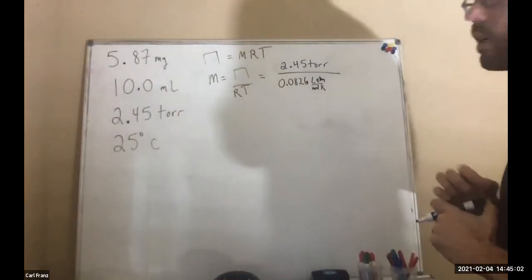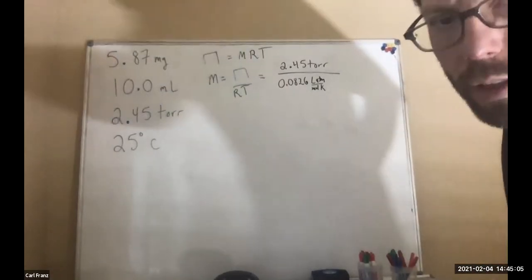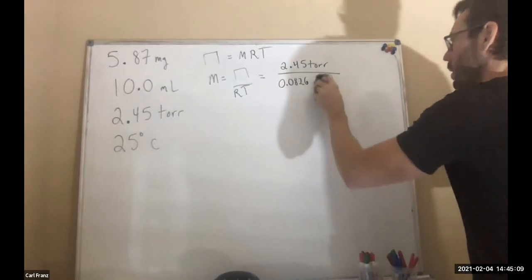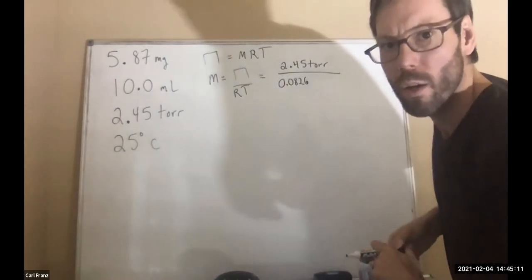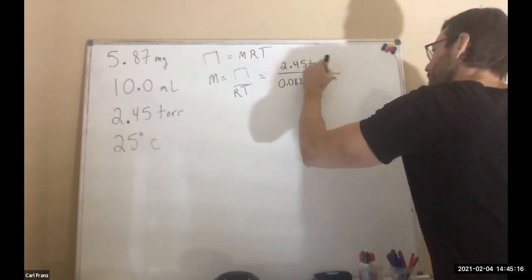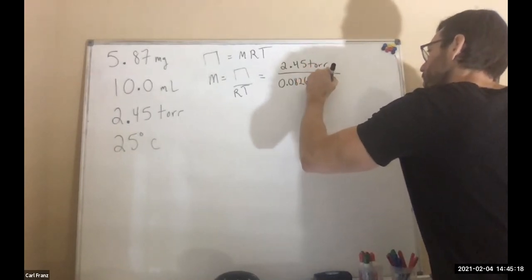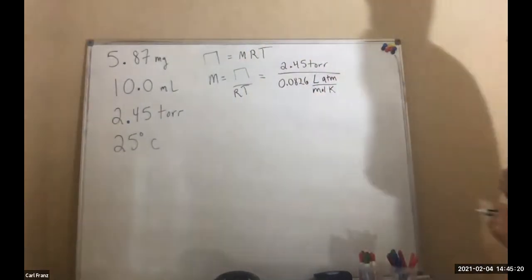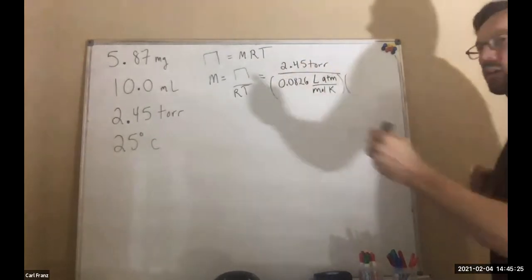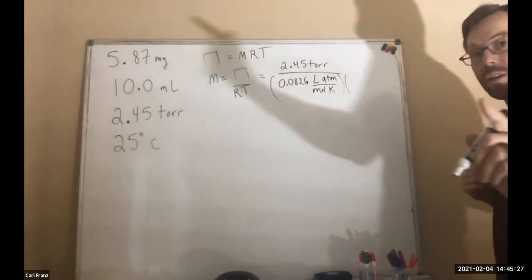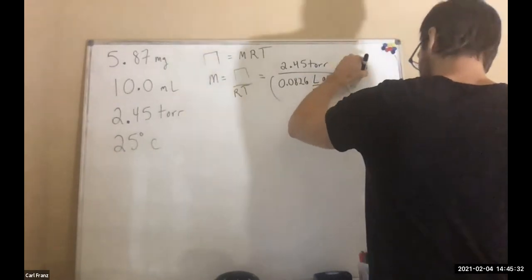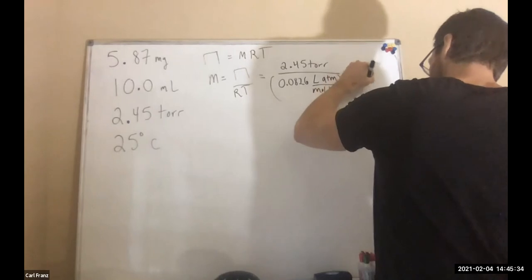Now, hopefully you can read that. Yeah, get a little bit more clear for you. 0.0826 liters times atmosphere over moles times K. And then we also have temperature in Kelvin, right? Which is 298 because it's room temperature.